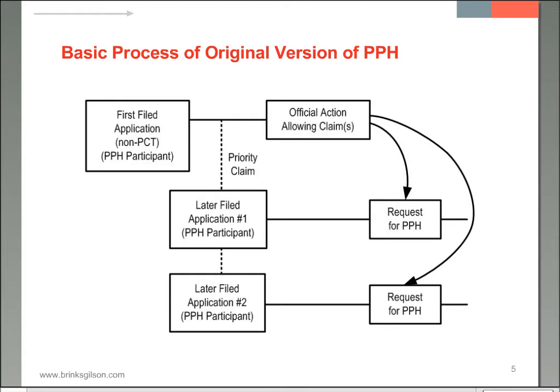Later filed applications in other countries, we'll call them B, C, etc., that were PPH participants with Country A and claimed priority to the first filed application in Country A could participate in the PPH if the first filed application received an office action with at least one allowed claim and no office actions were received in countries B and C.